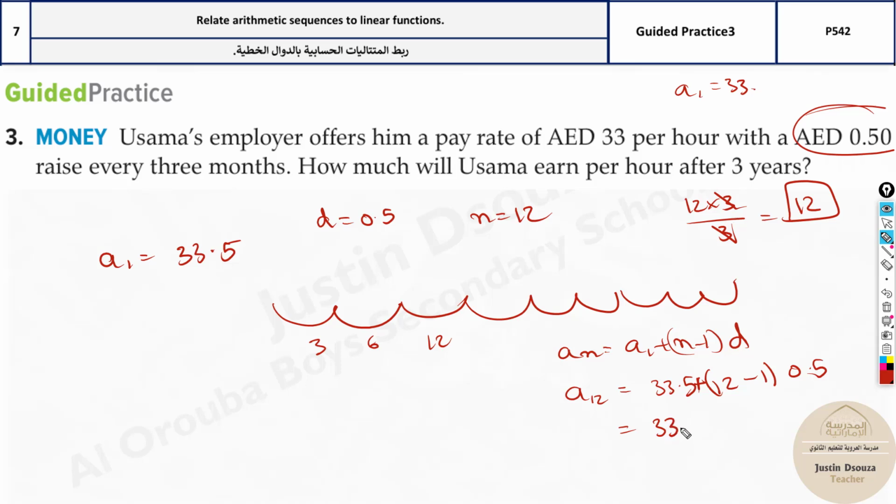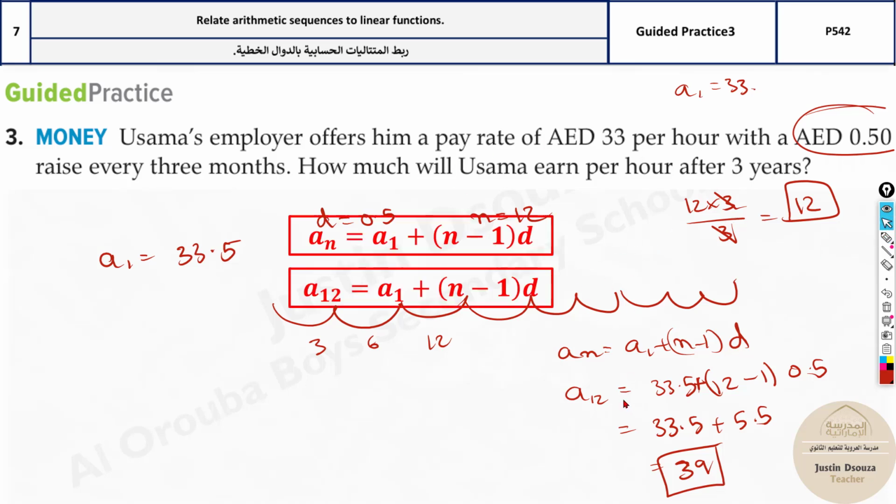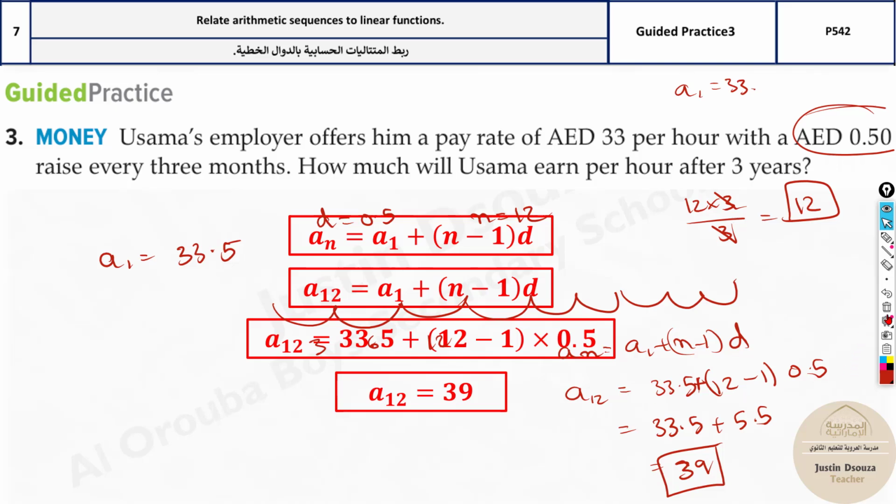It'll be 33.5, and over here we have 11, 12 minus 1 is 11. 11 times 0.5 will be 5.5, and the answer will be 38 plus 1, 39. So after 3 years, the salary per hour will be 39 dirhams. So this is how we solve it. You can see here, that's the answer.